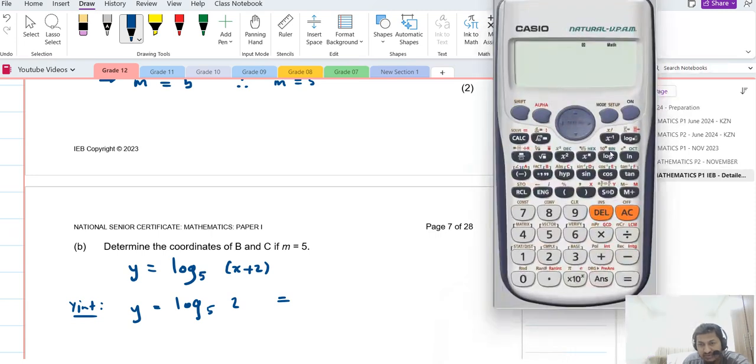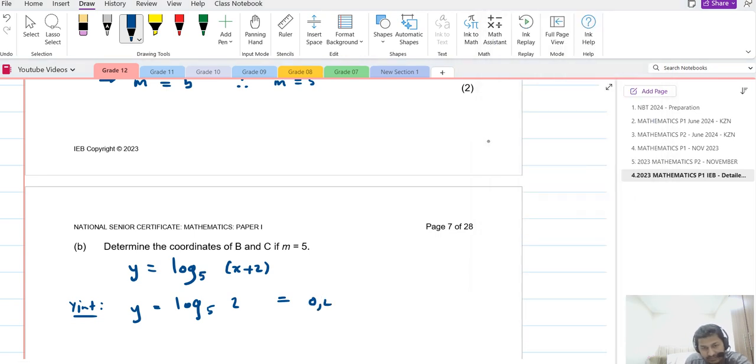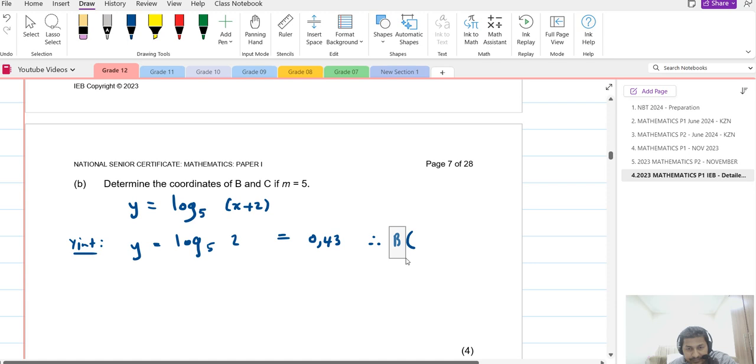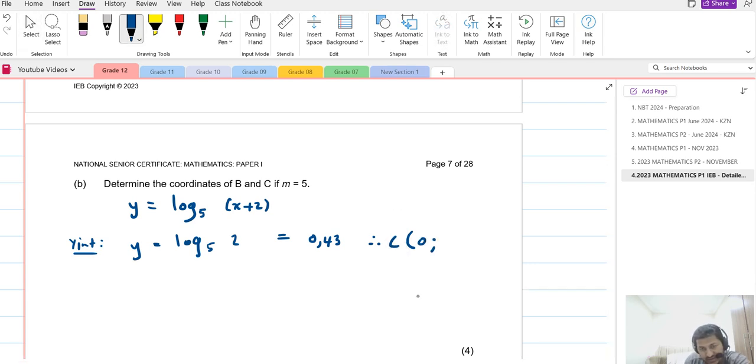There's a log function, log base 5 of 2, which gives 0.43, right? That wasn't b, that was c actually. That is c: (0, 0.43).